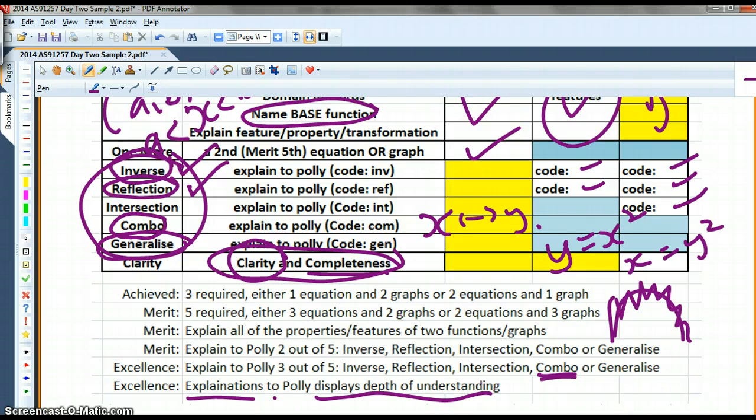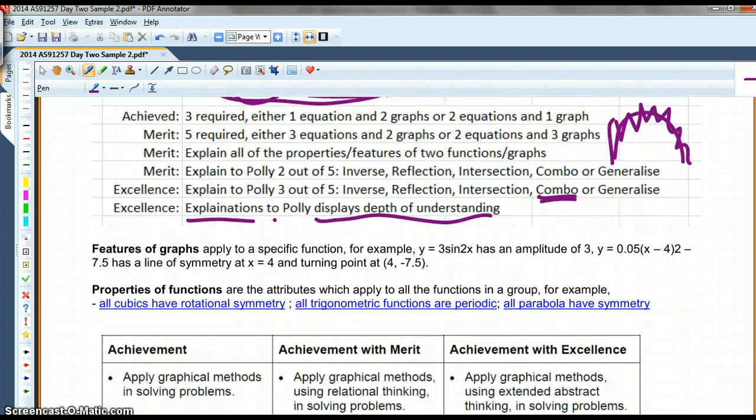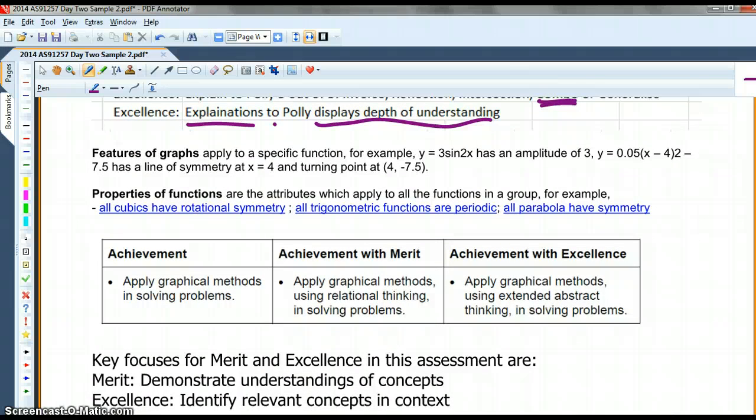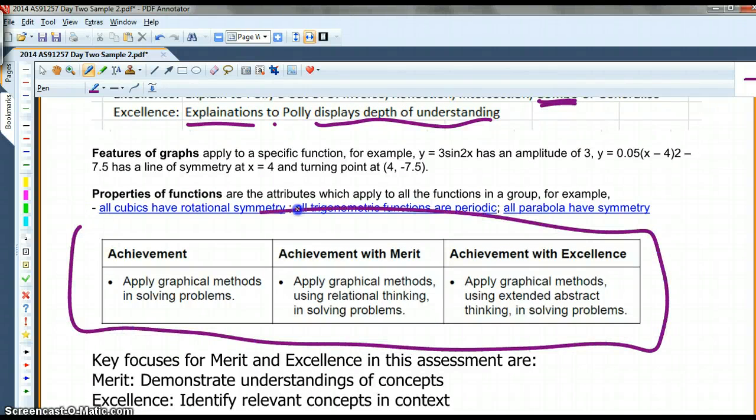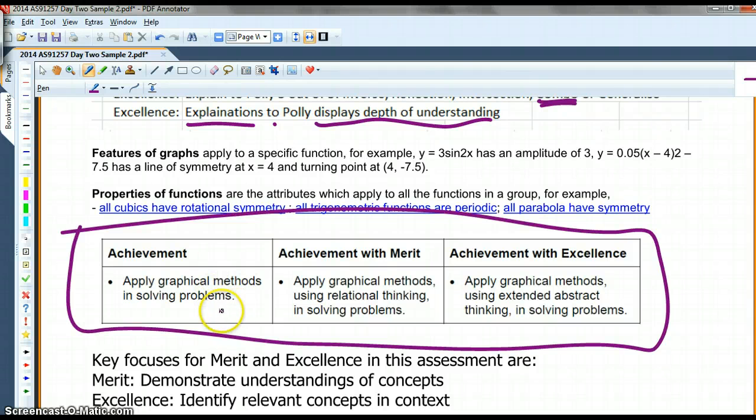Now, if that's all very confusing, what we can go back to is the actual standard. So this comes from the standard itself. Have you applied graphical methods in solving problems? And of course it does have to be at year 12 level. Have you applied graphical methods using relational thinking in solving problems?